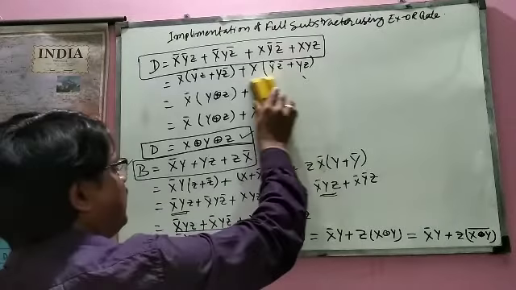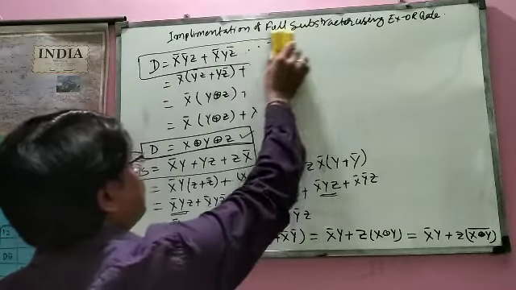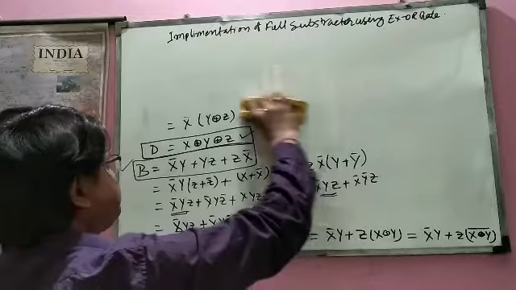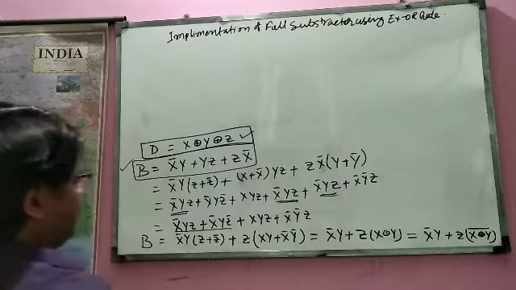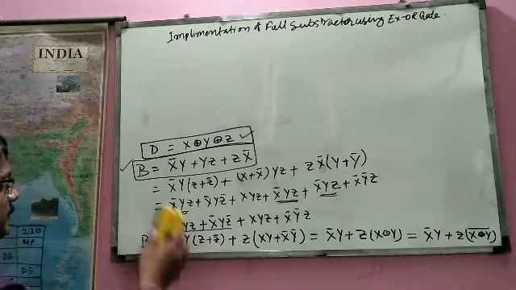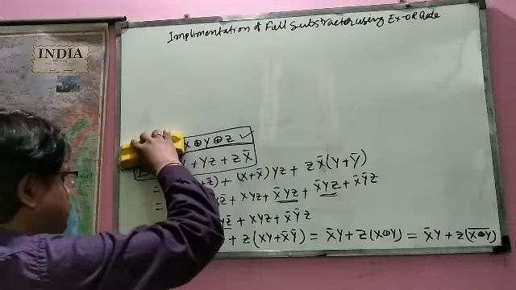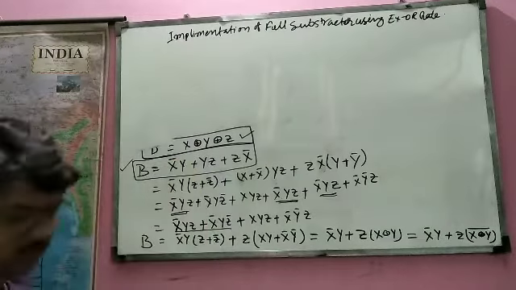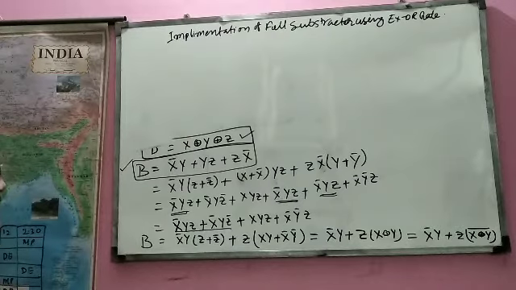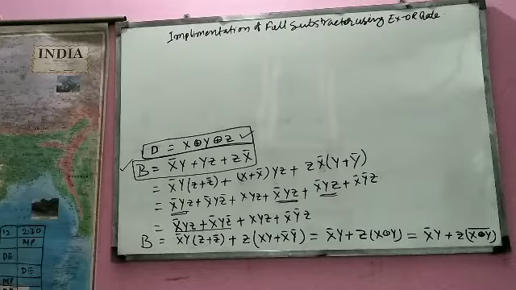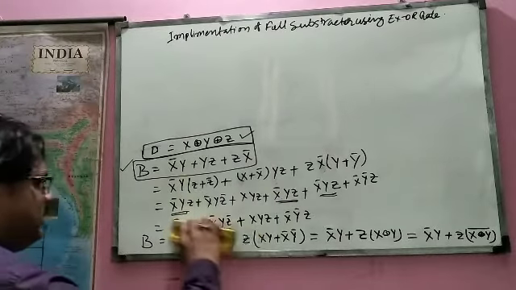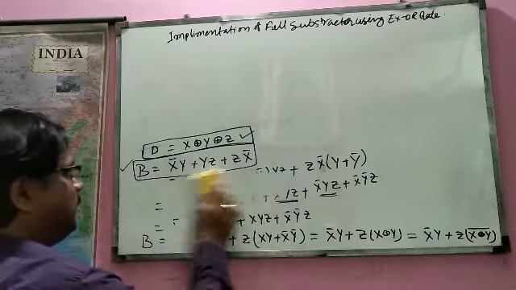Okay, we will implement both the things simultaneously. It will be written as it is because D is this. And what will be the expression for final B?